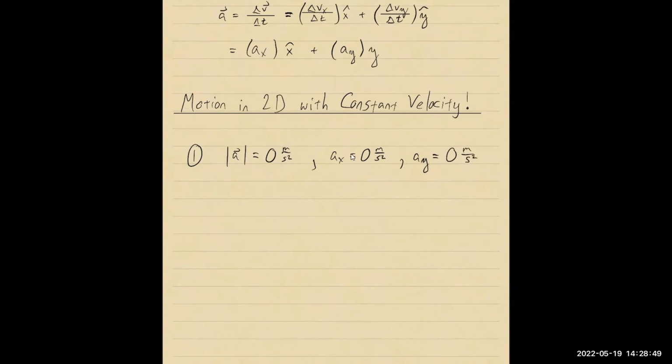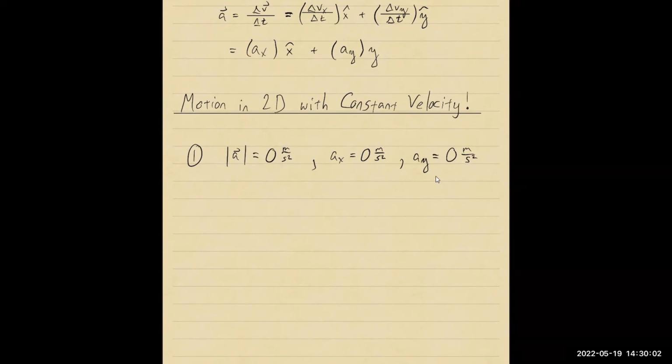If either one of these wasn't the case, let's say that ax is some number other than 0, then the x component of our velocity would change. So for motion in 2D with constant velocity, we need ax to be 0, and we need ay to be 0.